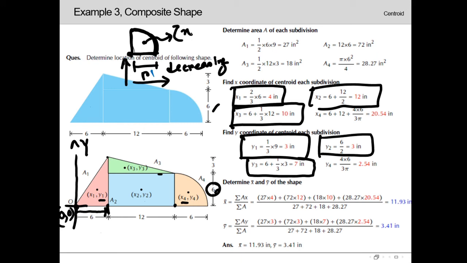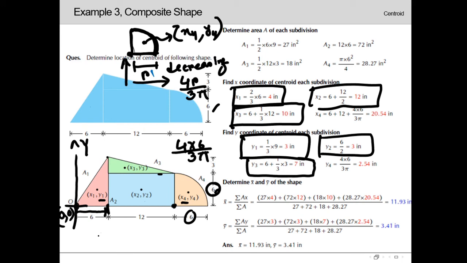While we are getting a decreasing one along the x and y axes, let's denote the center with x4, y4. In that case, the center will be lying at a distance of 4r by 3 pi. If we consider the radius as 2, then it will be 4 times 2 divided by 3 pi. But in this example, the radius is given as 6, so it will be 4 times 6 divided by 3 pi. But this is not the starting point.